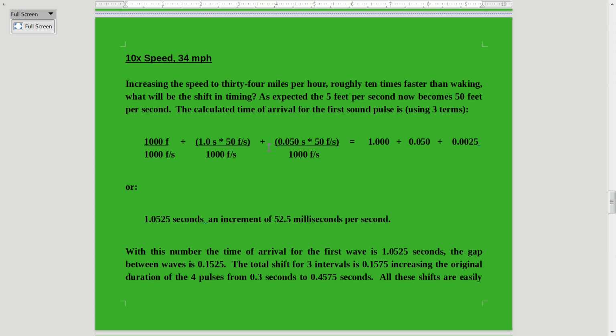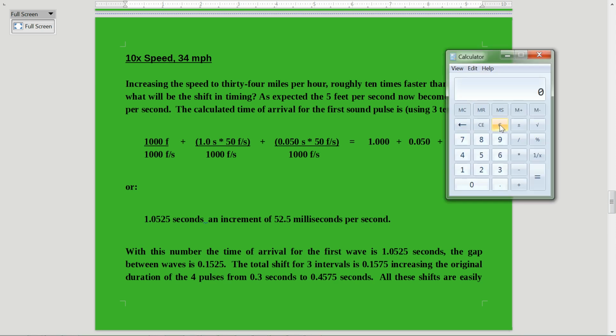So the incremental addition is the second and third term, which ends up being 52.5 milliseconds. So from pulse to pulse now, instead of having 0.1, we're going to have 0.1525, which, if we measure the whole 3 pulses, 3 intervals, is going to end up being 0.1575. Yeah. Let me do the math here now. 52 milliseconds times 3 is going to add, I don't believe that. Did I write that down wrong?